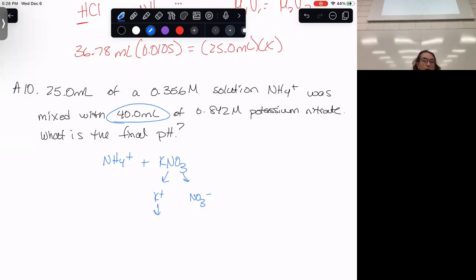What base did K plus come from? KOH. What did NO3 minus come from? HNO3. What are both of those? They're strong. KOH is a strong base. What about HNO3? It's a strong acid. So since both of those are strong components, they cancel out and they don't contribute anything to your solution. Does that make sense why potassium nitrate is doing nothing here?